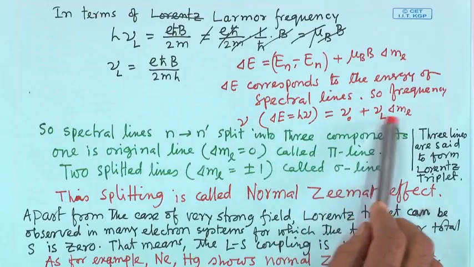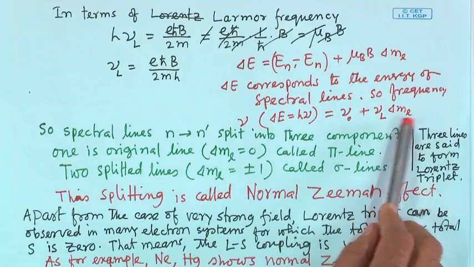Obviously, you can see that delta m L is 0, plus 1, minus 1.